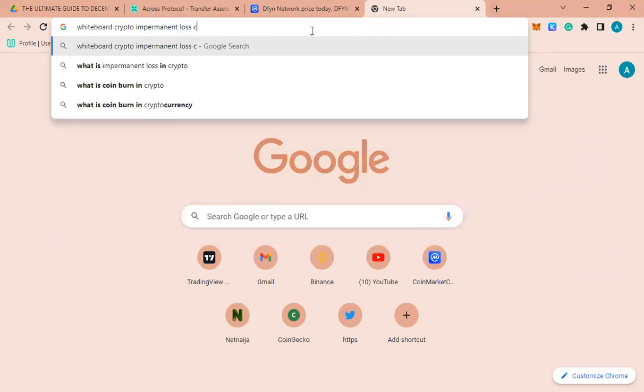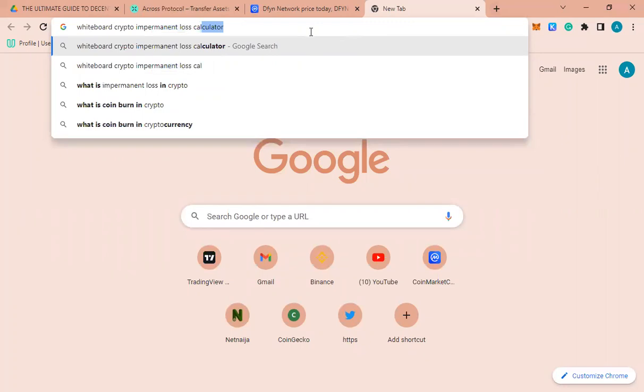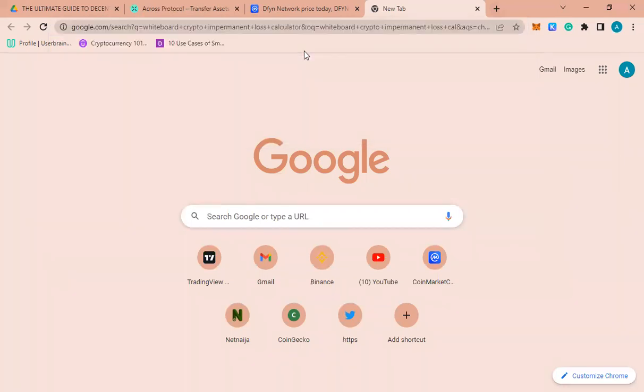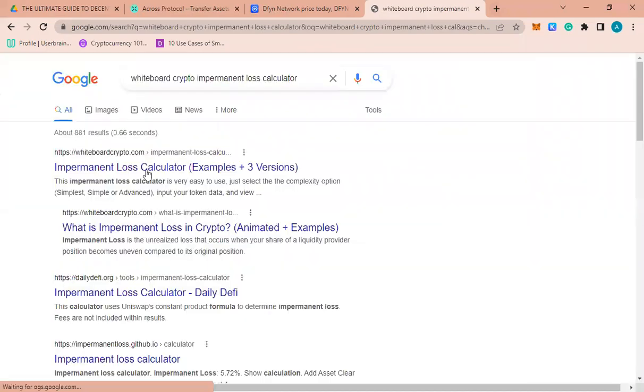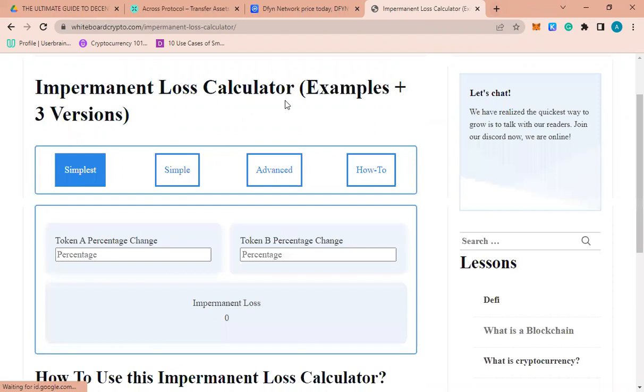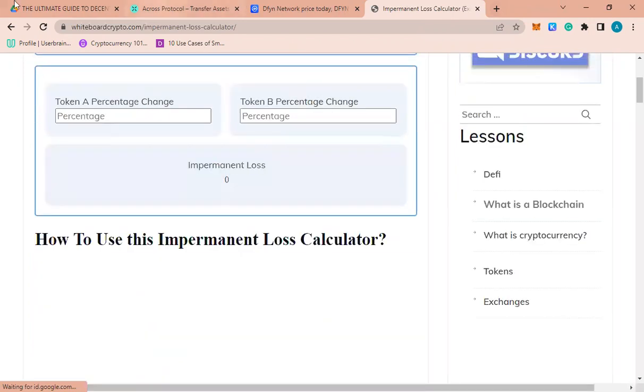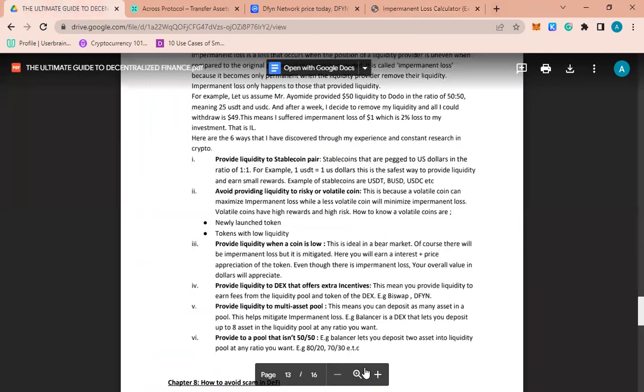When you search this website, it shows you a way to calculate your impermanent loss even before you provide liquidity. So make sure you calculate it as a calculated risk before you provide liquidity. I hope this helps. Until next time, thank you.